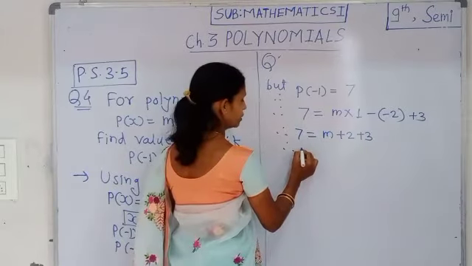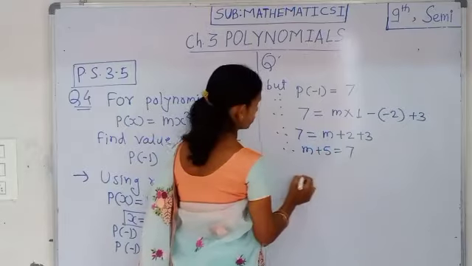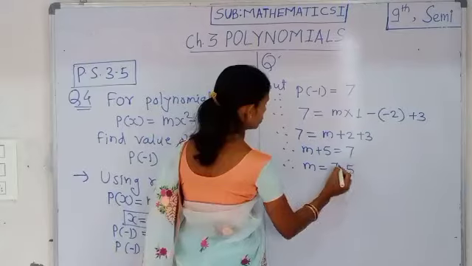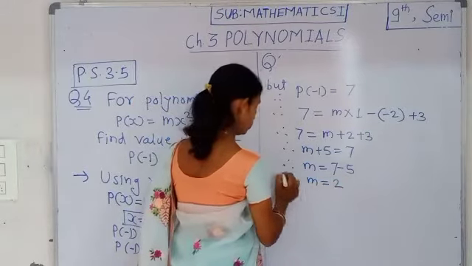Therefore here m plus 5 is equal to 7. Therefore m is equal to 7 minus 5. Therefore here m is equal to 2.